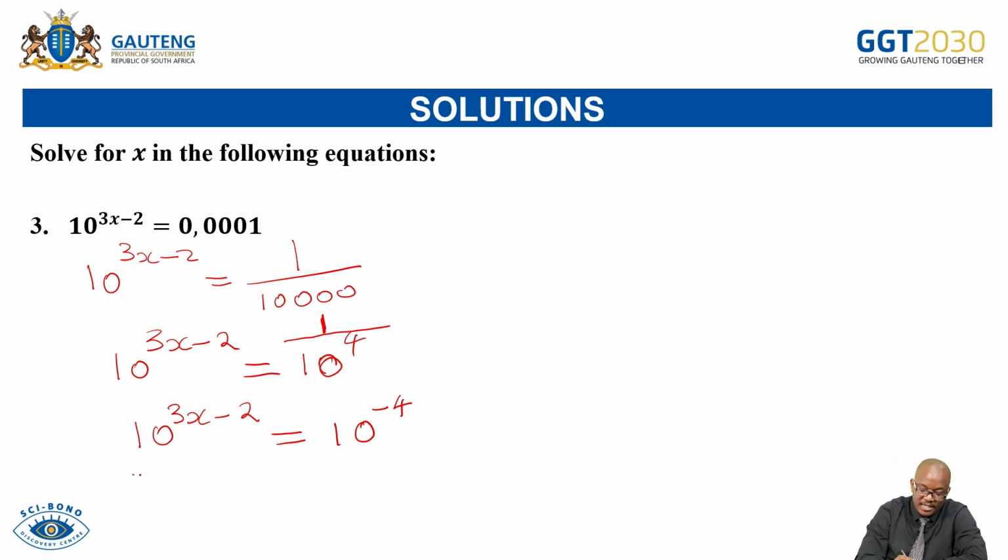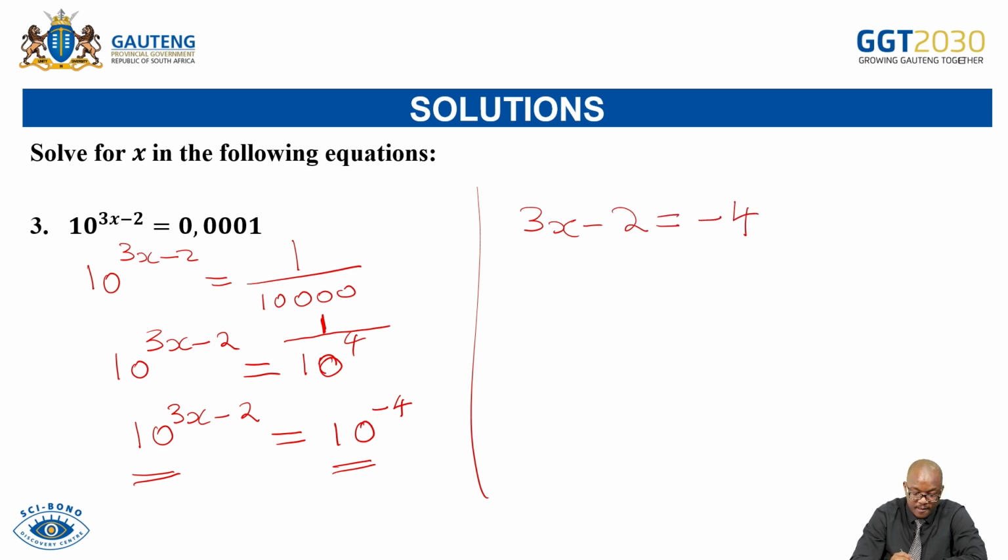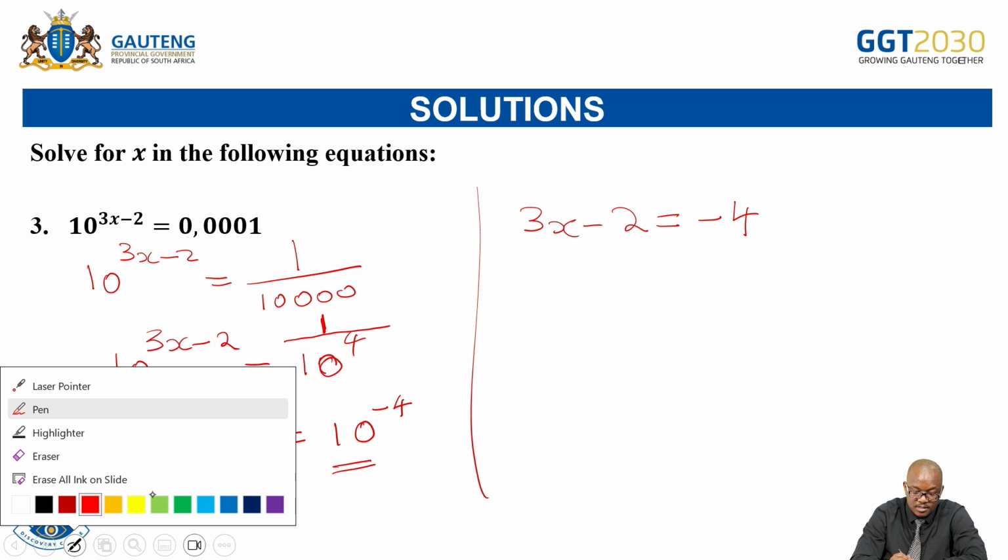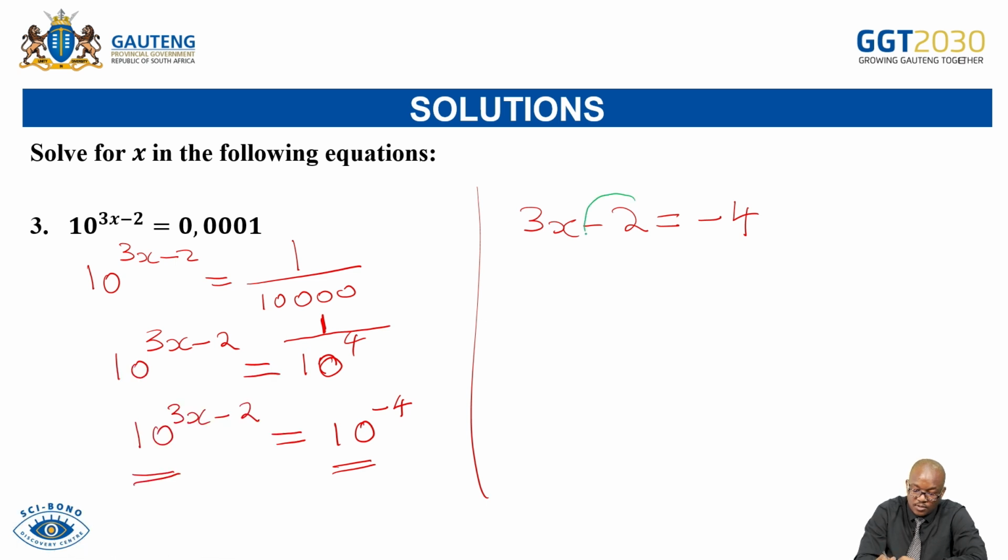You still rewrite 10 to the exponent of 3x minus 2, it's equal to now 10 to the negative 4. Then now your bases are the same. And when your bases are the same, we equate the exponents, which is going to be 3x minus 2 equal to negative 4. Then you transpose your negative 2 to the right-hand side.